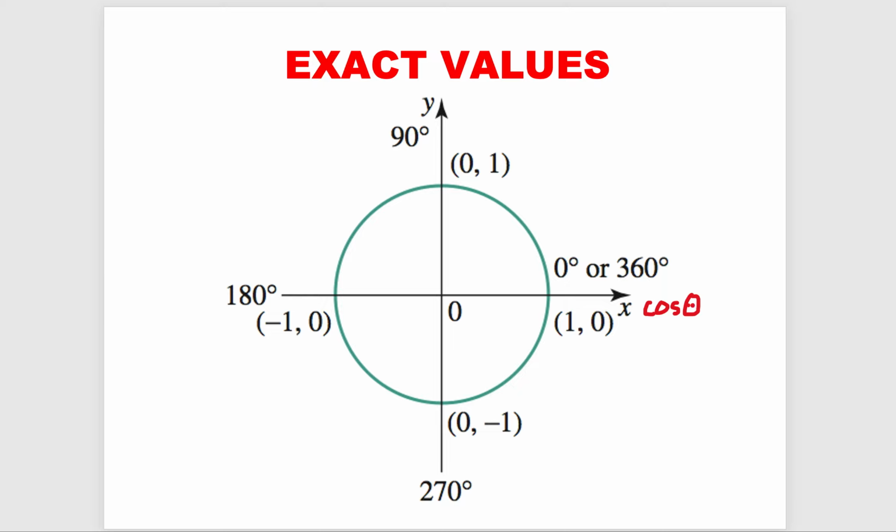So you can actually label the x-axis as cos theta and the y-axis as sine theta. So when we're moving around the unit circle, on any position on the unit circle, the x-coordinate of that point will tell you the value of cos theta, and the y-coordinate will tell you the value of sine theta.